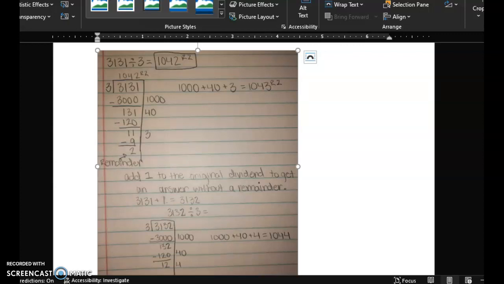So here I have the 3,000 131 divided by 3. And so I used the big 7 method here.